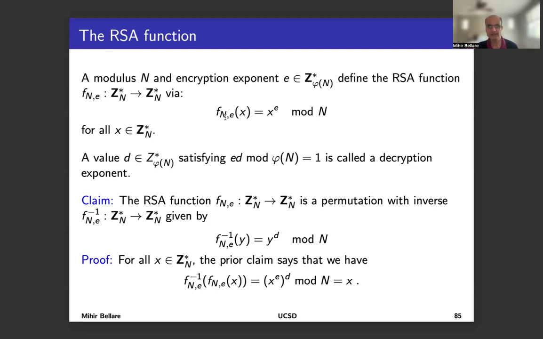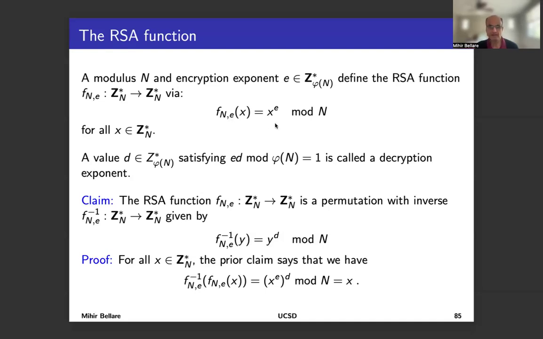I can now define a function. The inputs to that function are in Zn star, and so are the outputs. And the function is simply exponentiation mod n, with the exponent being this E over here. So the n and the E are fixed, and the function then takes an arbitrary x from here and returns a y in that same set through this formula.